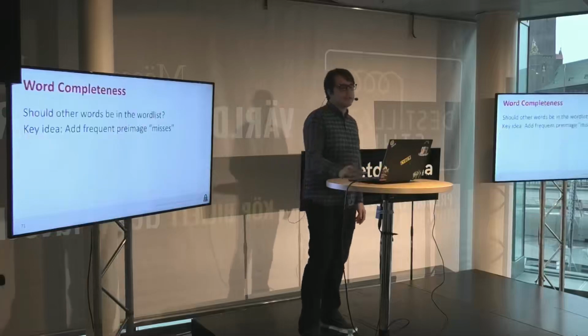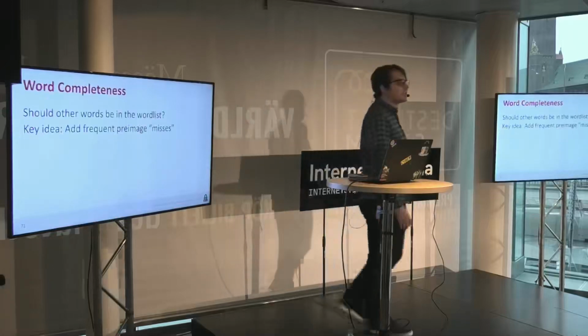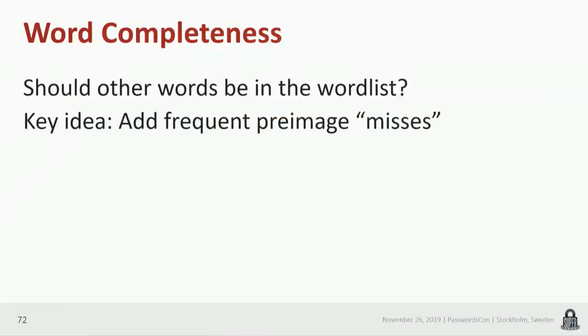So I'll quickly take you through the last part, which is what we call word completeness, which is: should other things be in the word list? The idea from before is we're reversing things and looking things up in the word list. If there are things we keep looking up and they're not there, what you could call cache misses, well, maybe they should be there.